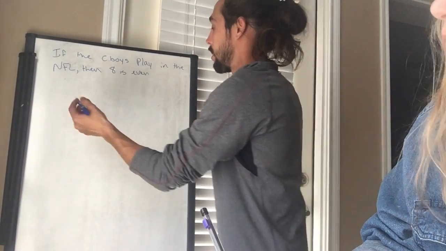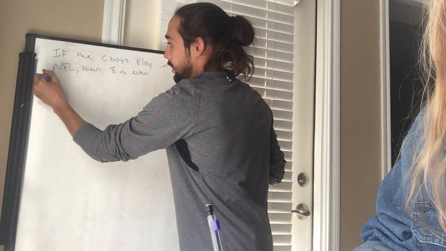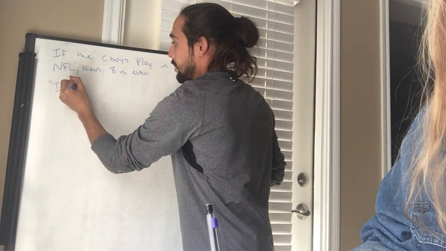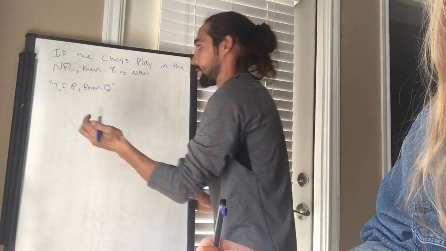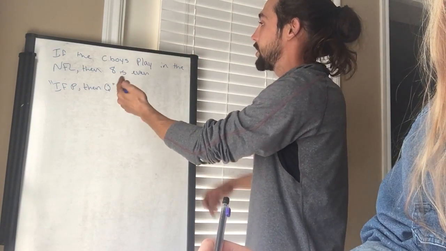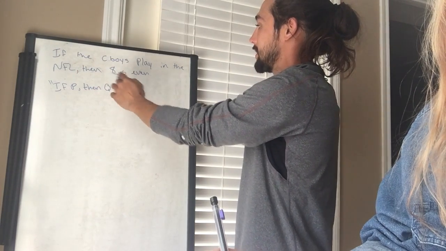And so our conditional sentence, or the original, is if P, then Q. So with that, I'm going to read this sentence. If the Cowboys play in the NFL, then 8 is even.